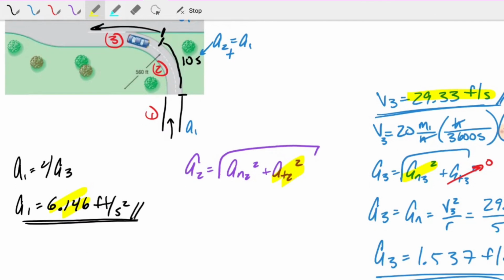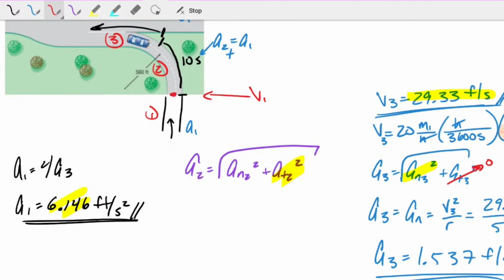So conceptually speaking, A2 is going to be the biggest one. How do I know that? Because of this. He's going to come in with some velocity here. We don't know it. We're going to call it V1. That's the velocity he has at the end of segment 1, right? So at the end of this time, he's going to have a velocity right there, and we're going to call that V1.